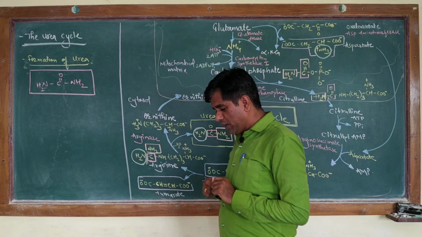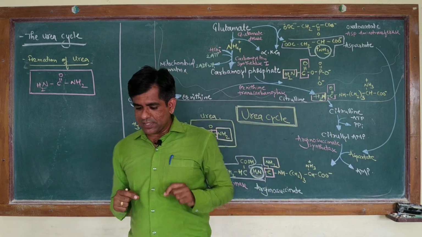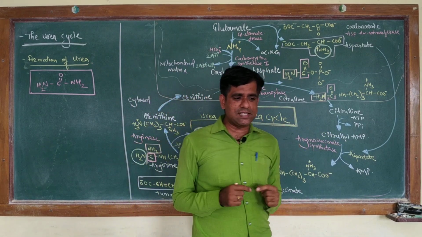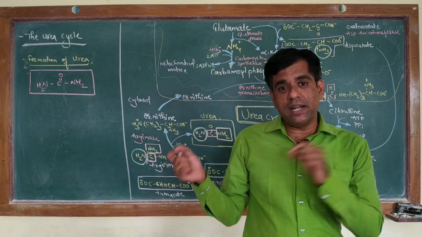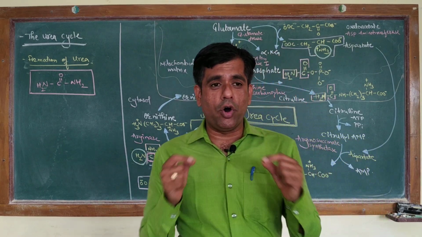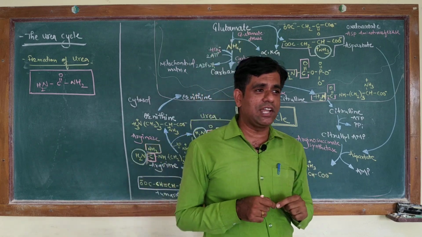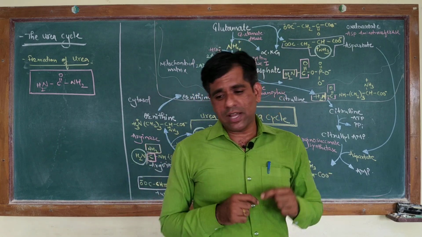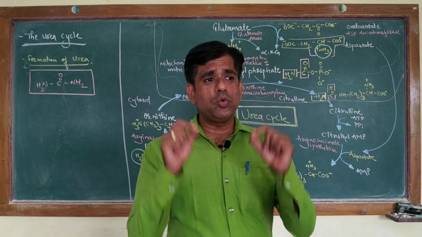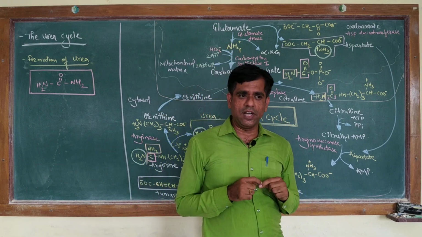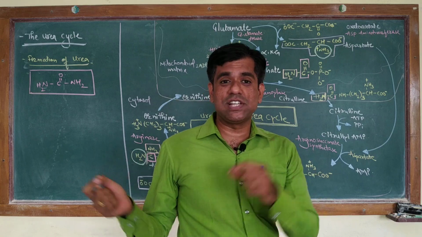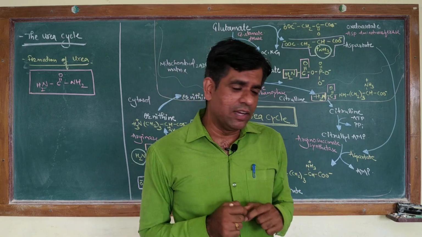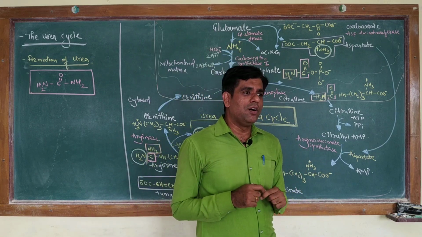So talking about nitrogenous waste products, as I told you, depending on the organism, all the ammonia which has been liberated after the complete metabolism of all the nitrogen containing compounds like nucleotides or amino acids is converted into a single waste product. Certain organisms like fishes and other aquatic animals are ammonotelic, so they excrete ammonia.